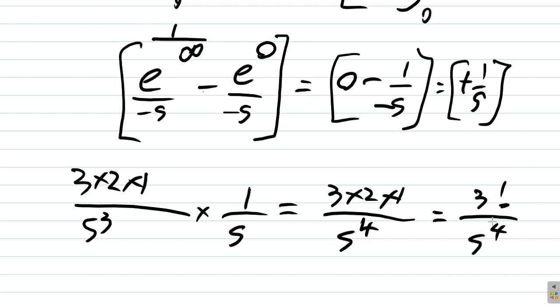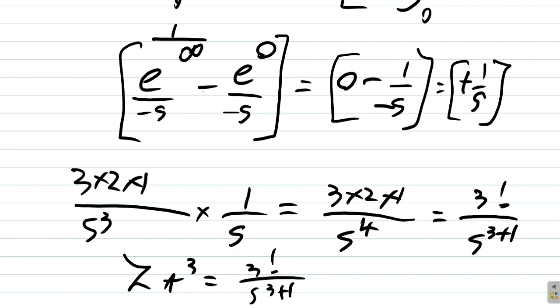Now 3 factorial over s to the 4 is the same as 3 factorial over s to the 3 plus 1. So the Laplace transform of t to the 3 is 3 factorial over s to the 3 plus 1.